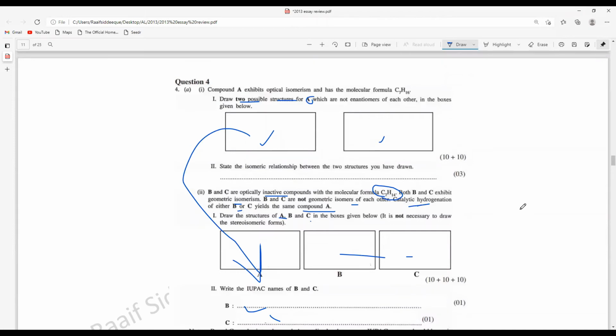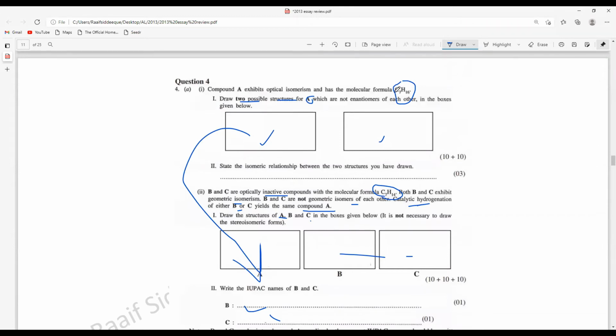Okay. So this is a nice question where again you see a little bit of optical and geometric isomerism. If you remember our 2012 discussion, there also you had this connection between optical and geometric. So try to go through this and try to get the concept that we have used here. First thing that I used here is check whether this is an alkane. And before that or after that, you can check whether this is an aromatic compound or not.